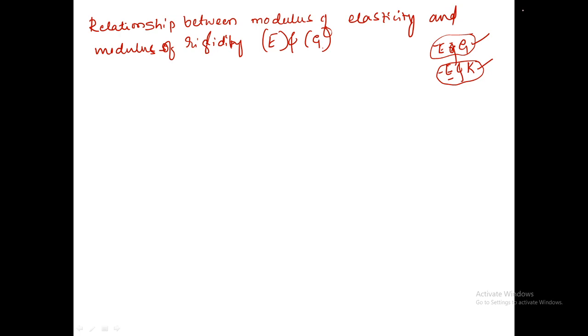Okay. So I'll draw one diagram here. We consider an element of unit size. Okay. So let us take this as A, this point as B, this point as C, this point as D.